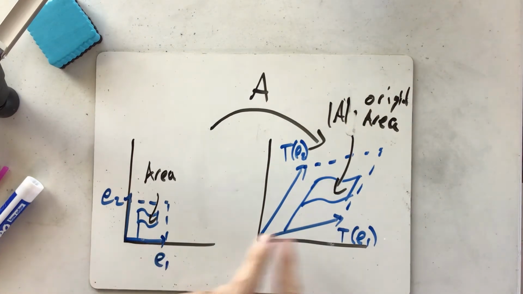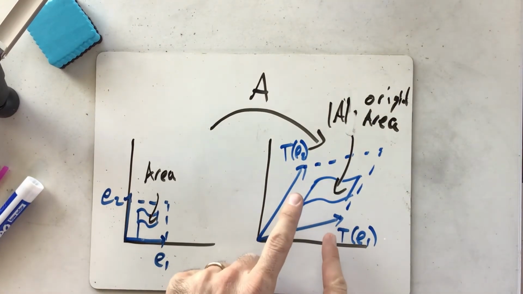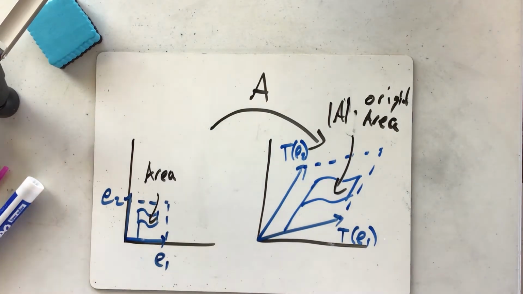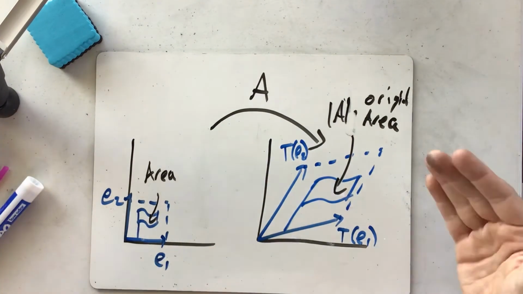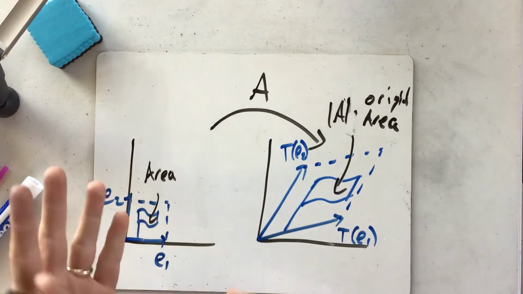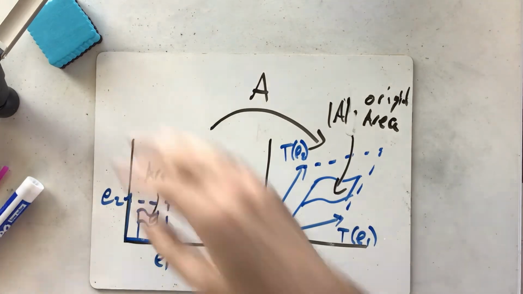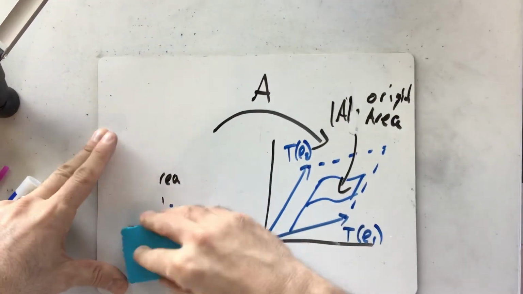Because if the area of all your squares, if the area of everything increased, then that means that your integral is going to be off by that factor, by however much that area changed. So you need to account for that determinant inside of that problem. And there's a lot of other places in mathematics that have this type of situation show up, where you have a determinant, and that determinant tells you how much the area has changed. Because we often worry about the transformation of area from one to another.